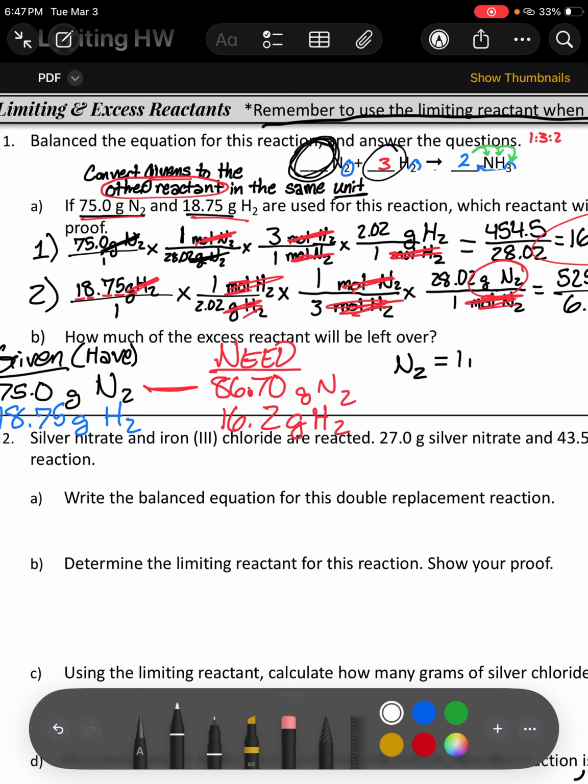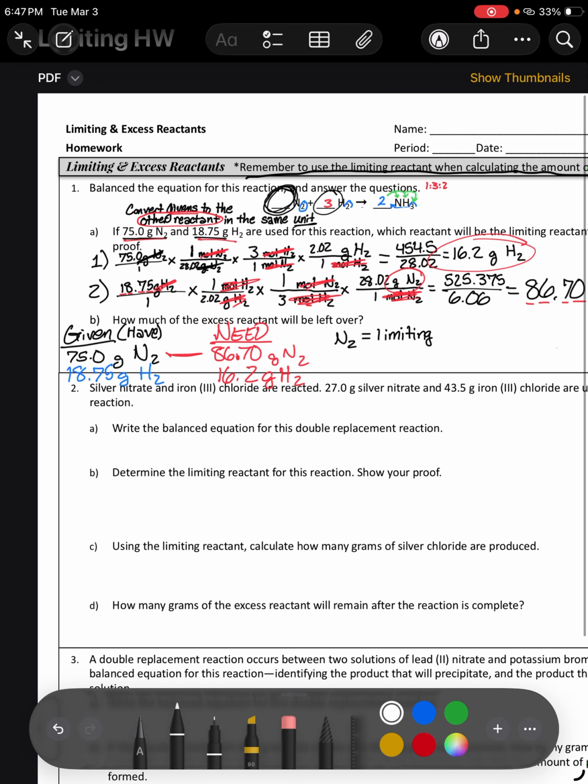So that's going to be our limiting reactant. And if we look at the other one, the hydrogen, how much are we given? 18.75, that's how much is right in front of us.